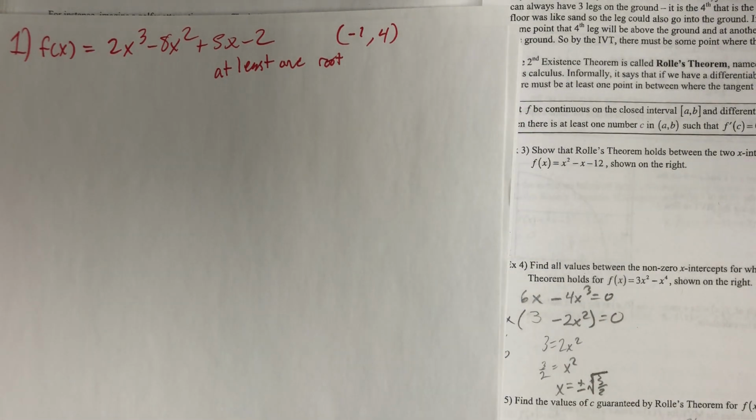So IVT, not only does it say that 4 happens somewhere between those two, that's all it can say. Beyond that, it can also only say it happens at least one time. It could happen more. I don't really know how many times it happens. I don't care, I know it happens once.